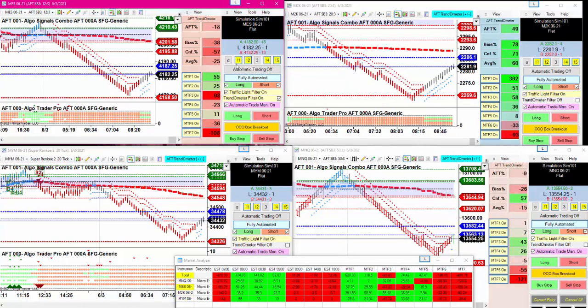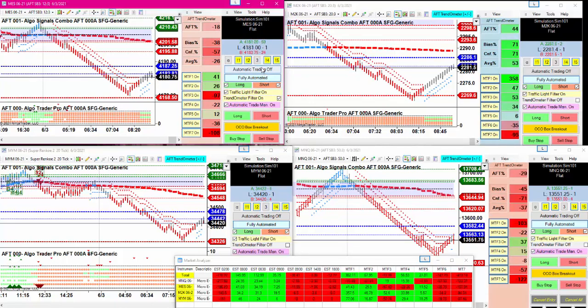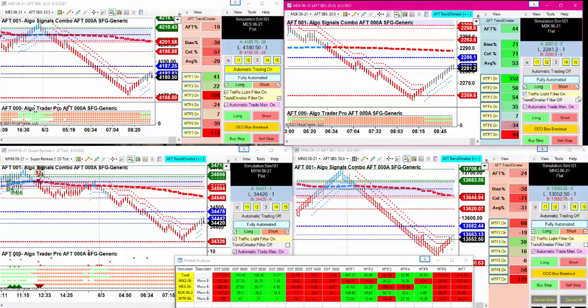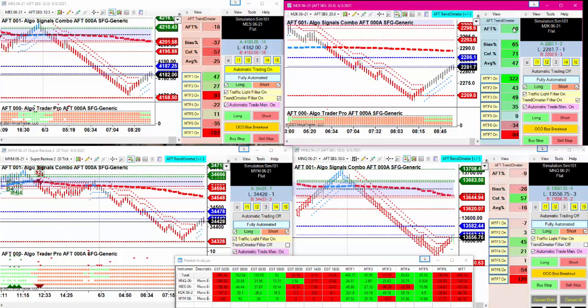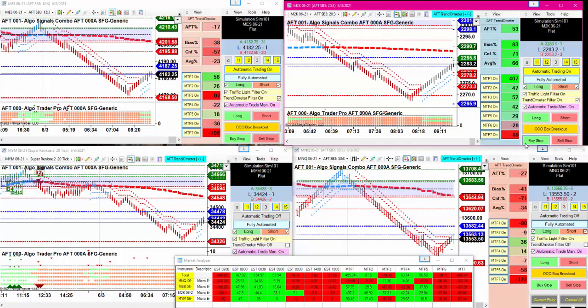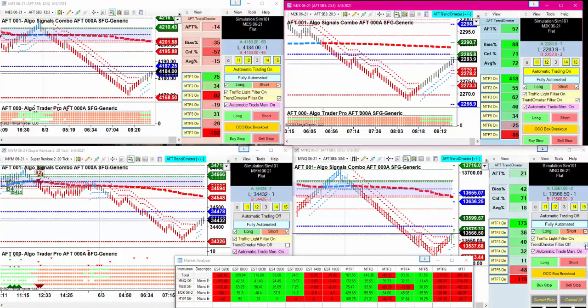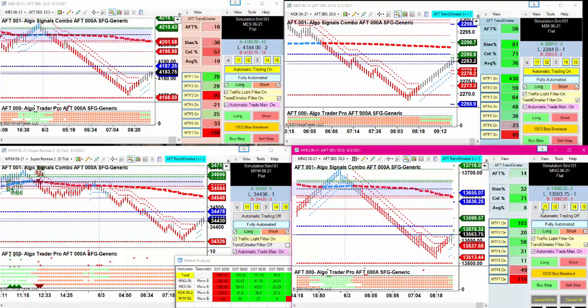That confirms what we're seeing in the AFT percent. We're mixed. So I'm going to turn everything on here, and turn the automated trading to the on position to get it ready for the open. We'll do the same thing with each of the markets. We'll make sure our Trendometer filter is on. This is the M2K, the AFT percentage at 40, so still mixed. We'll turn the automatic trading on. On the MNQ, same thing, turn the filter on and turn automatic trading on to get it ready for trades.